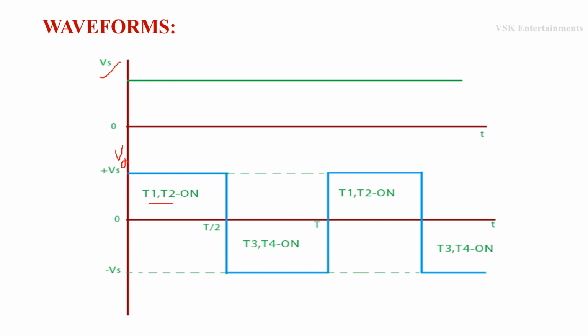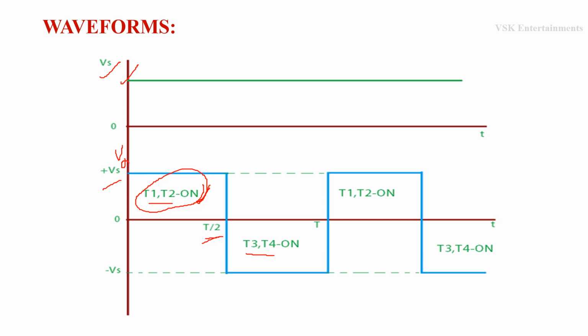So these two start conducting. Due to the conduction of T1 and T2 we are going to get the plus Vs as the output voltage, which is same as the input voltage. Again at t is equal to t by 2, by using forced commutation we are going to turn off these two thyristors and we are going to apply the gating pulses to T3 and T4.